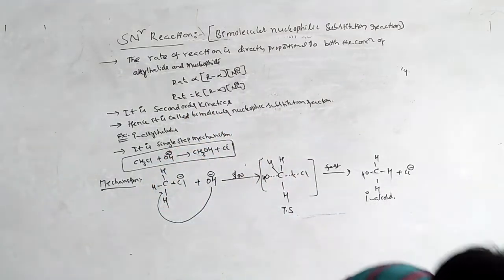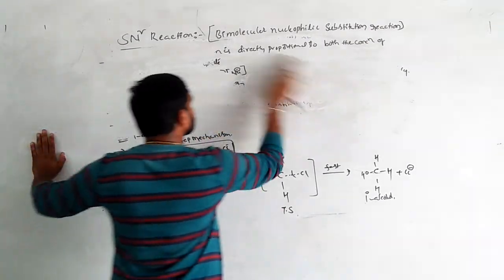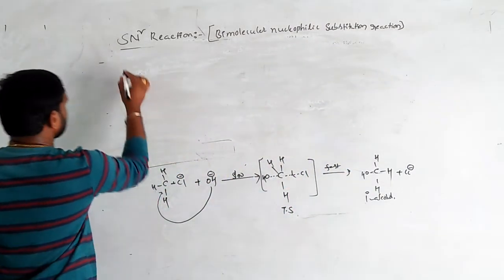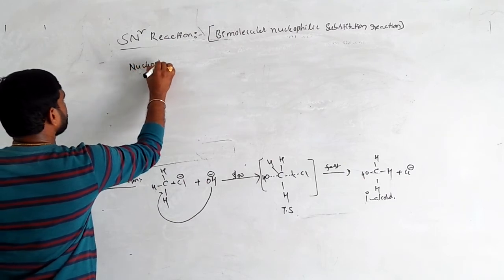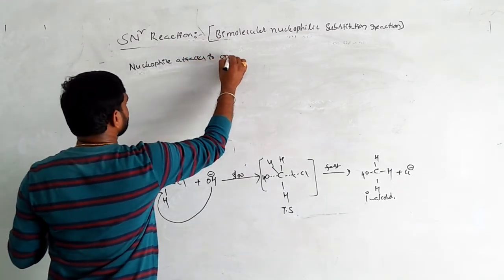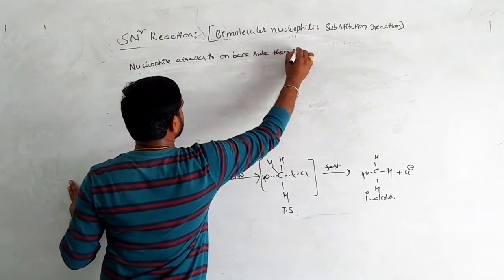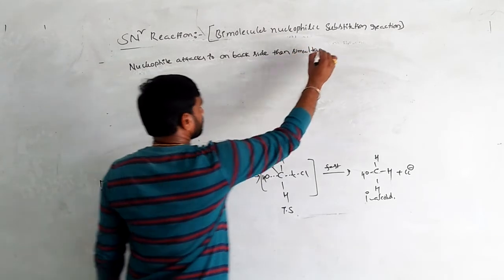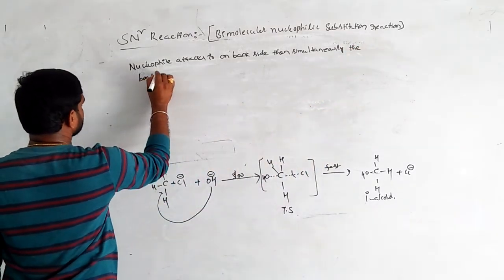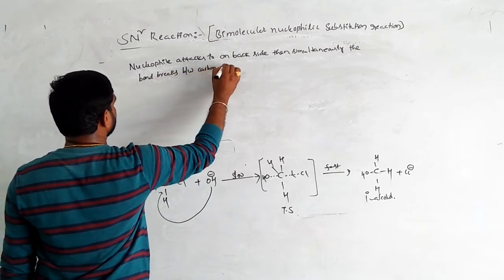This is a one step mechanism. In this reaction, the nucleophile attaches to carbon on the backside, and simultaneously the bond breaks between carbon and Cl.